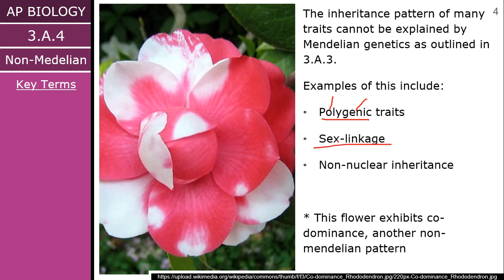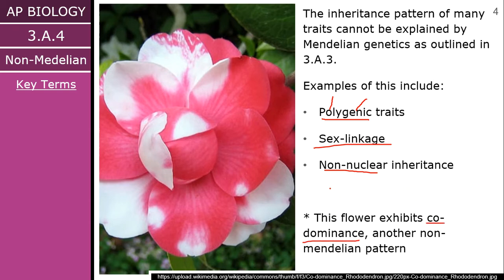Sex linkage would be any trait that is on the X or Y chromosomes in humans. So it's on a sex chromosome. Other organisms have different sex chromosomes, but generally we're going to be looking at X and Ys because that's what humans have. Now, we're going to talk briefly about non-nuclear inheritance, but first I want to show you codominance.